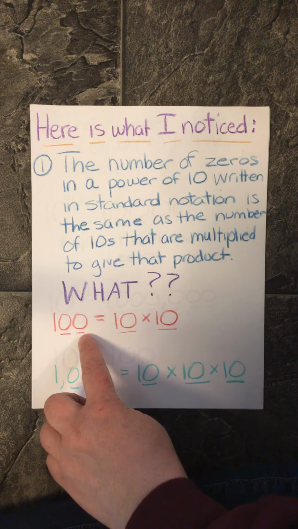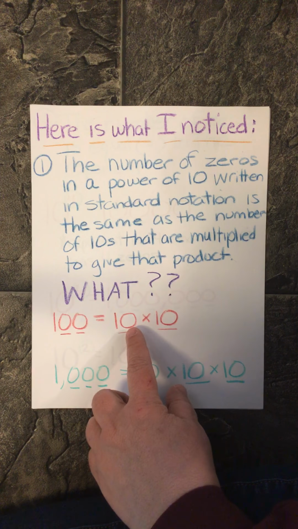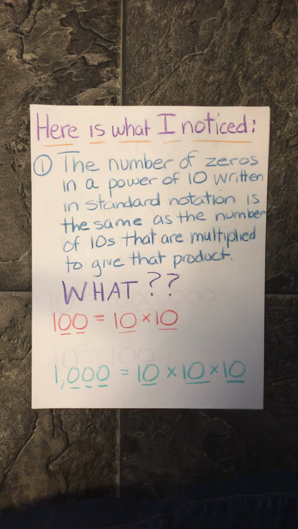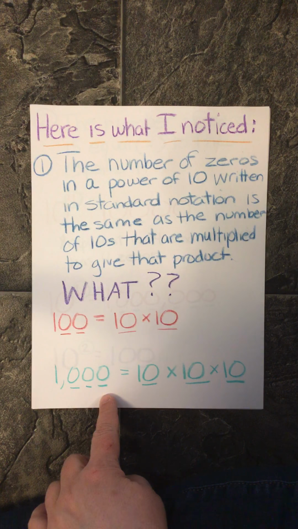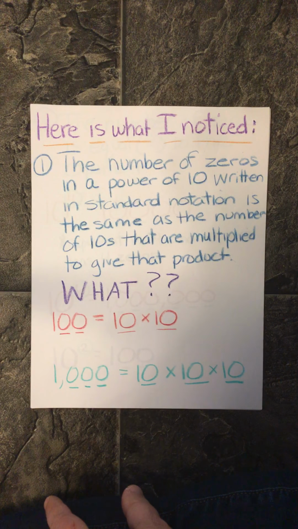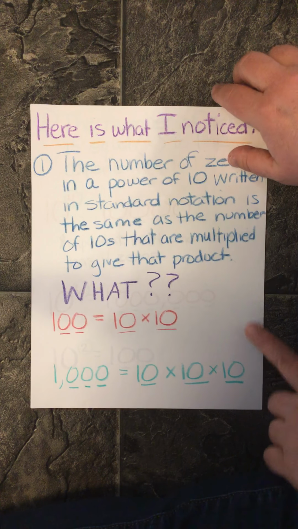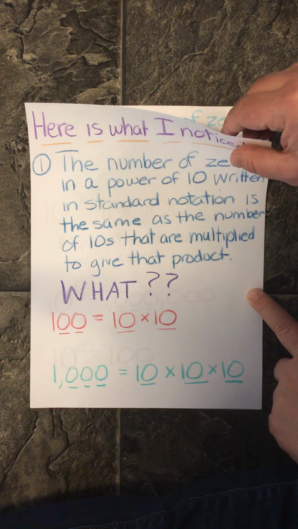There are 2 zeros in 100, and you are multiplying 10 twice. The number 1,000 has 3 zeros, so you are going to multiply 10 three times. That's the first thing that I noticed. Did you notice anything else?